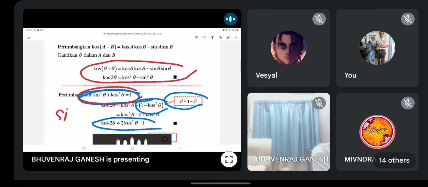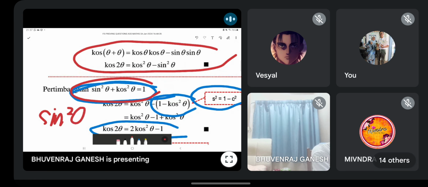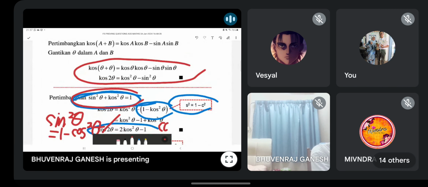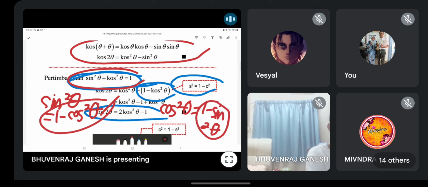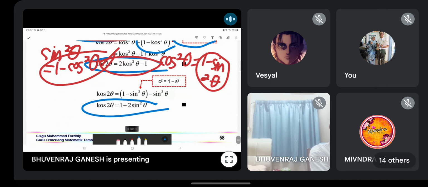So you can choose to express it as sine square theta equal to 1 minus cos square theta, or cos square theta equal to 1 minus sine square theta. Then you can get the formula. Just gantikan, just substitute differently. You substitute this, then substitute this, dua rumus baru, this one and this one, from the cos 2 theta.